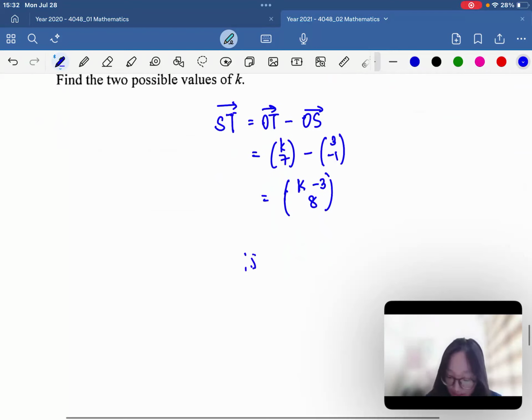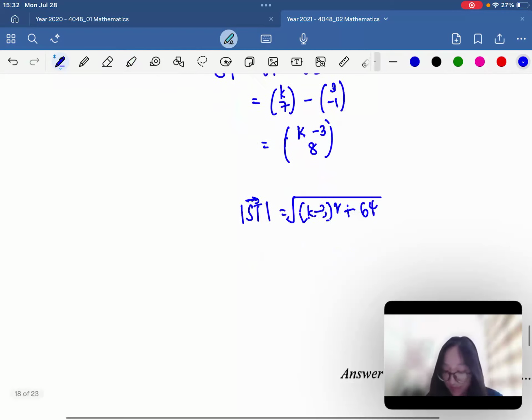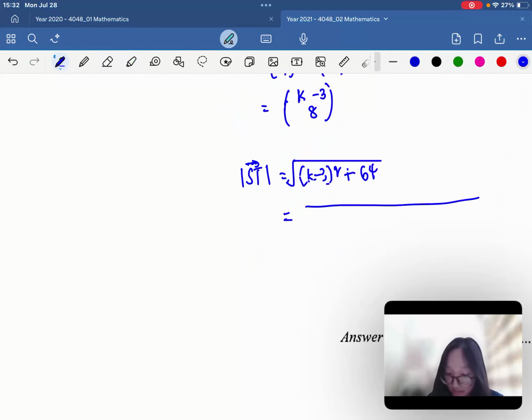So now the magnitude of ST is equal to the square root of (K minus 3) squared plus 8 squared, which gives us 64. Okay, so now we will expand.